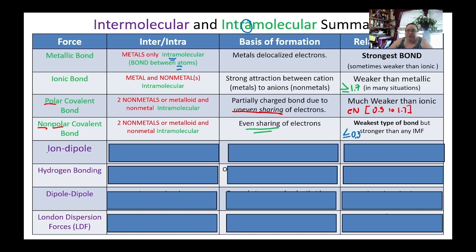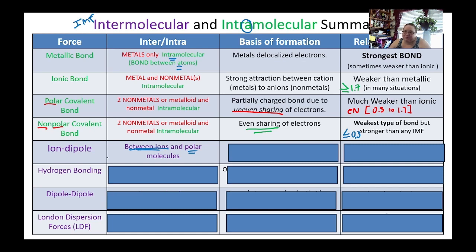So the four types of attractions that I believe we discussed in class, first one being ion dipole. This is one that's not technically in our standards, but I still like to include it because it is a very strong intermolecular force. And IMF is how I abbreviate intermolecular force. So an ion dipole only occurs between ions and polar molecules.